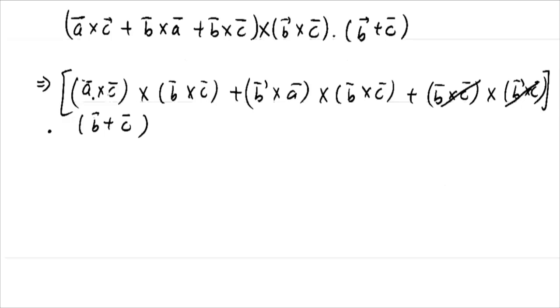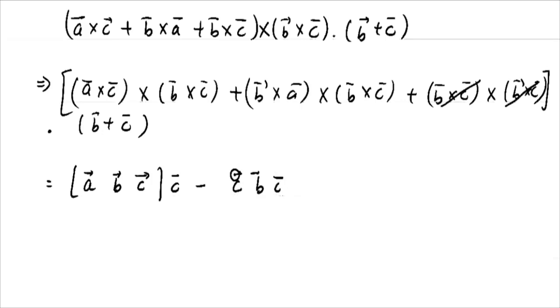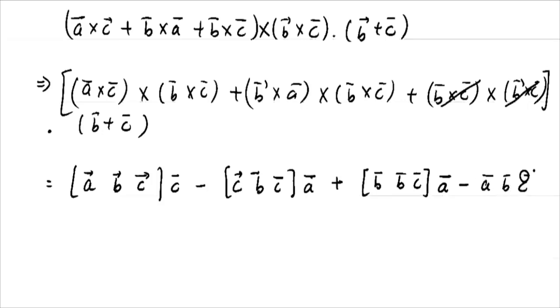Now I can write this as box of ABC into vector C minus box of CBC multiplied with vector A. Similarly, I can write this as box of BBC multiplied with vector A minus box of ABC multiplied with vector B, and this whole is dot with B plus C, right?